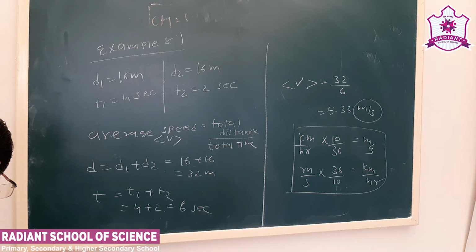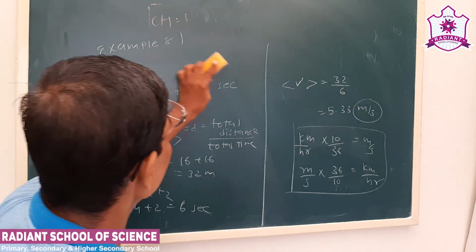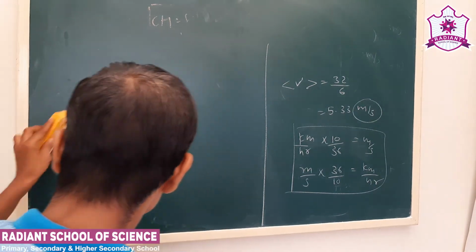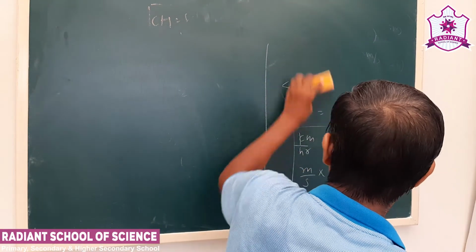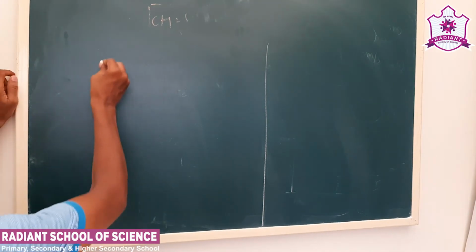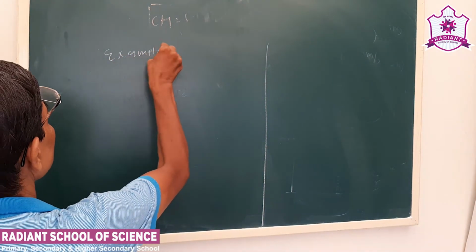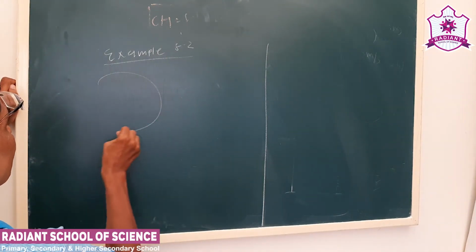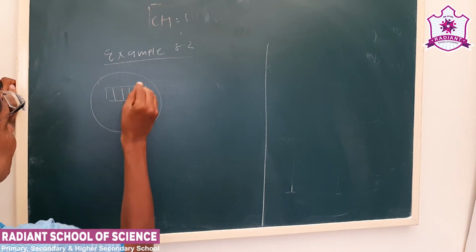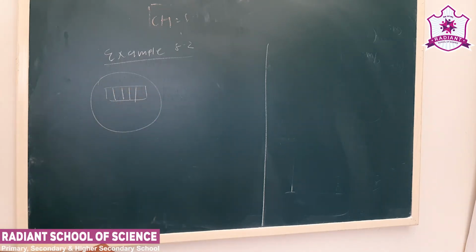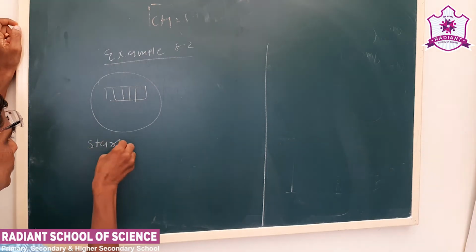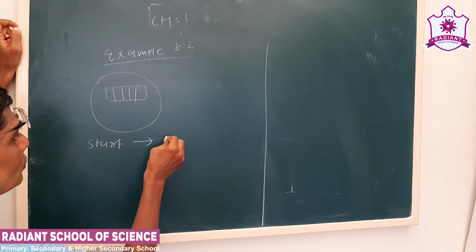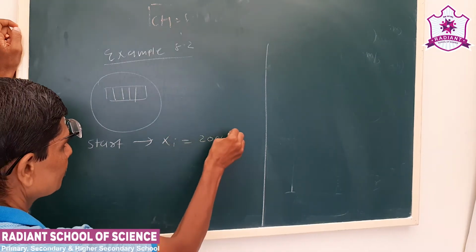Now next we take example number 8.2. Okay. Now see the odometer. You might have seen our two-wheeler or four-wheeler. As we travel, this number keeps on changing. That is called the odometer. At the start of the trip, it reads 2000 kilometers. That shows the position is 2000 kilometers.